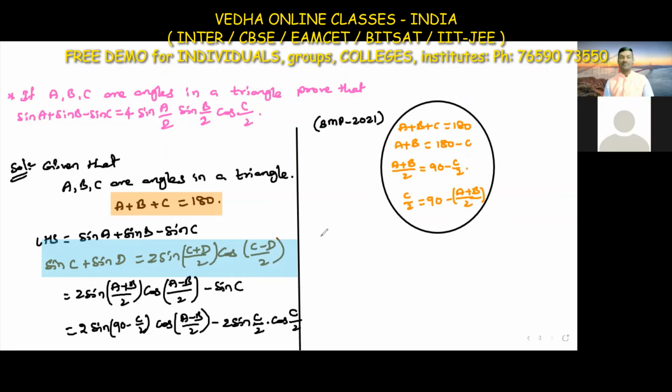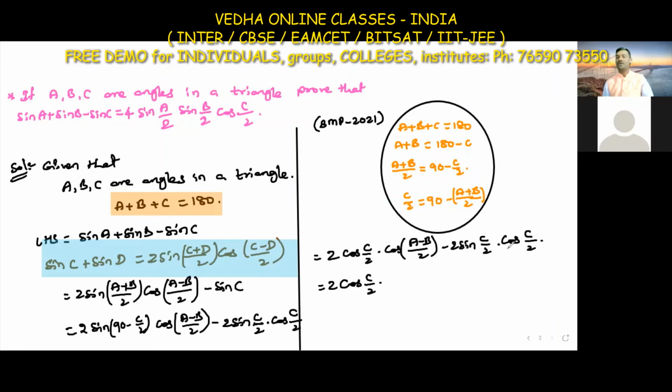Now this is equal to 2 into sine of 90 minus theta. What is sine of 90 minus theta? Cos theta. So that is cos C by 2 into cos of (A minus B) by 2, minus 2 sine C by 2 into cos C by 2. In both terms, 2 cos C by 2 is common.